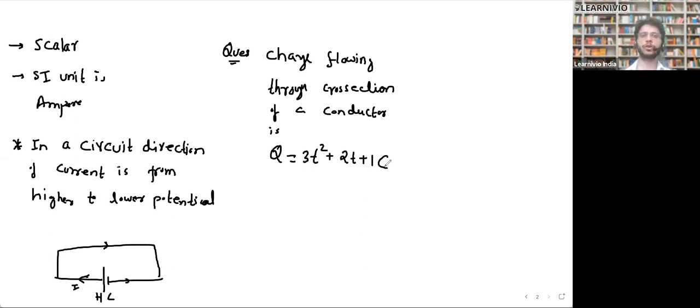So this is the charge which is flowing through the cross section of a conductor. Calculate.